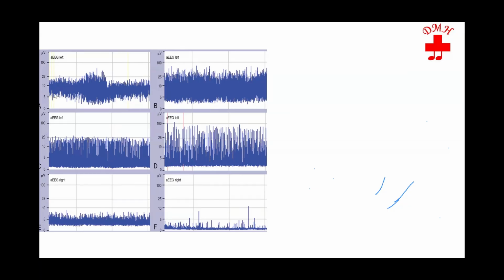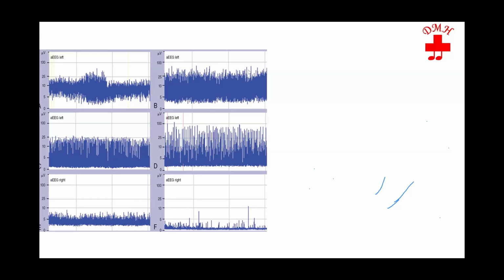If I take a trace of the lower margin and the upper margin, and look at this graph, this appears like a spindle, correct? So it's a spindle. And the lower margin is above 5 and the upper margin is above 10. Correct. So it's a normal aEEG with sleep wake cycle.